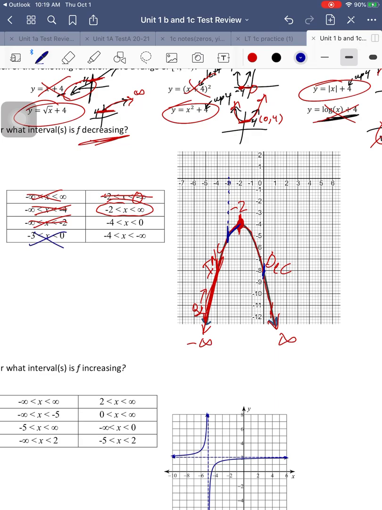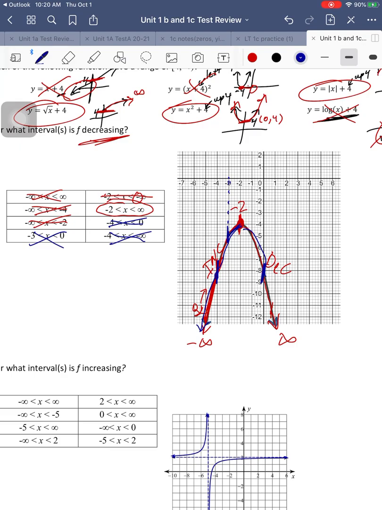Well, there's a portion that's increasing and decreasing, so we just want decreasing, so nope. -4, which is here, to 0. Nope, there's a portion that's increasing and decreasing, so nope. And -4 to -infinity, that'd be going the opposite way. That's not right. We always label them left to right. So there's only one here.